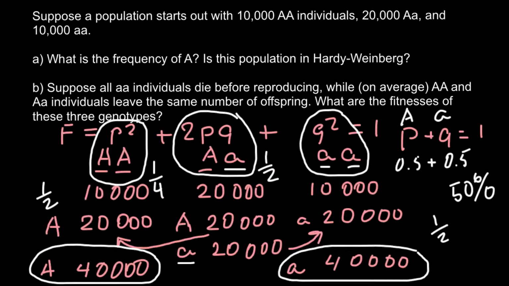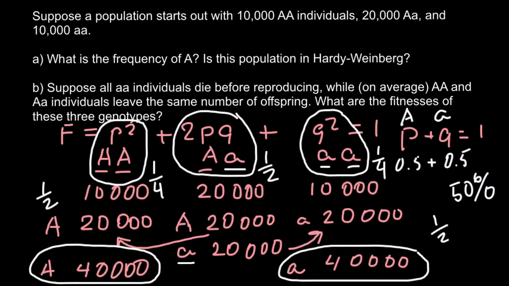And once again, q squared stands for the homozygous recessive genotype, so we multiply the frequency of the recessive allele a by itself, 0.5 times 0.5, and get 0.25 or 1/4. Let's now compare these numbers.